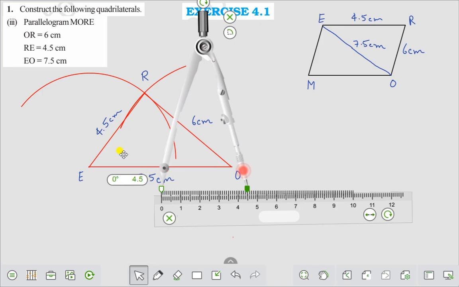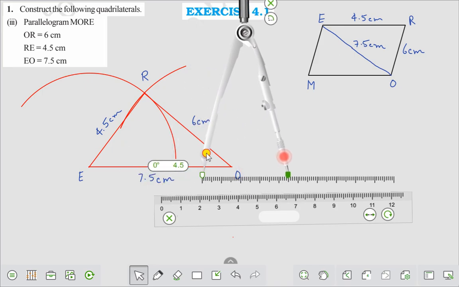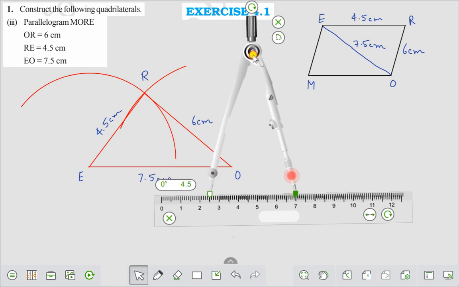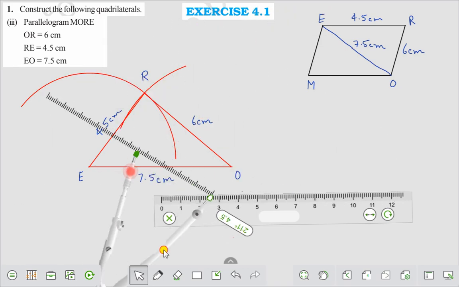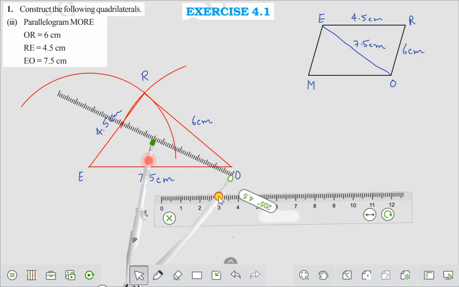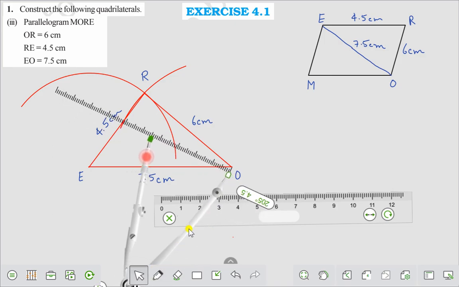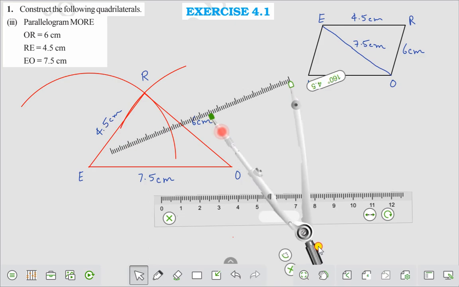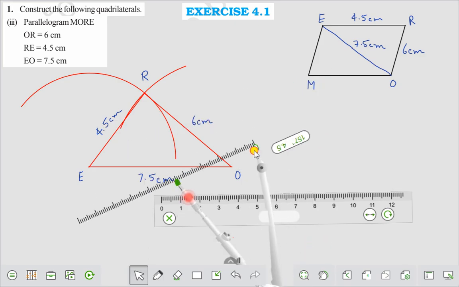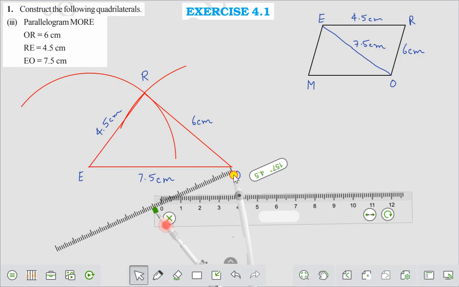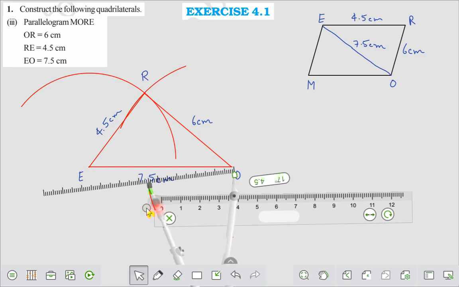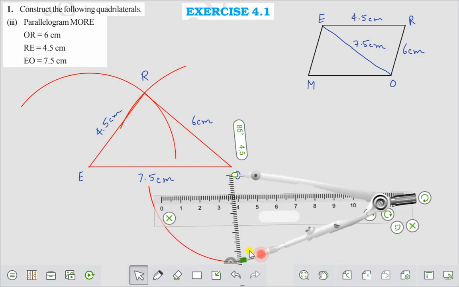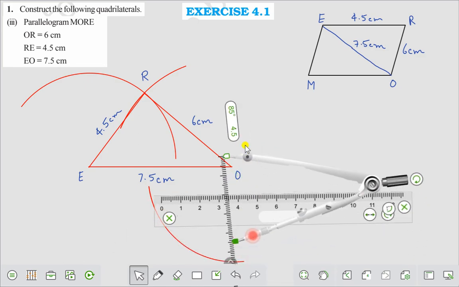And on the opposite side, we will take an arc with O as center, with a length of 4.5 centimeter.